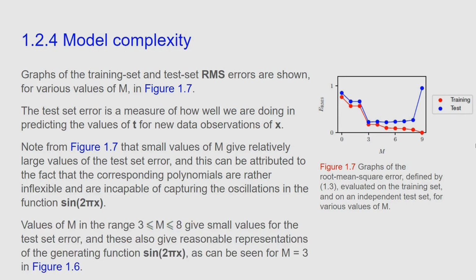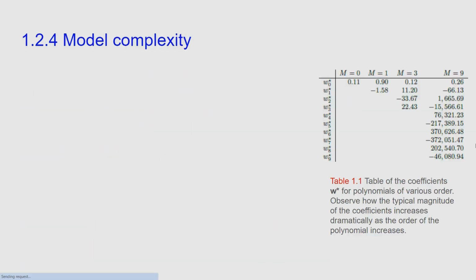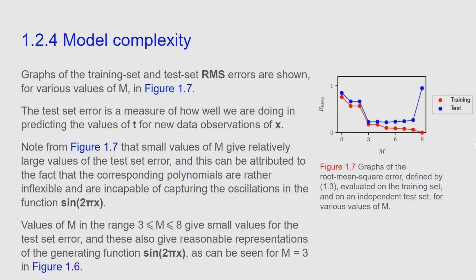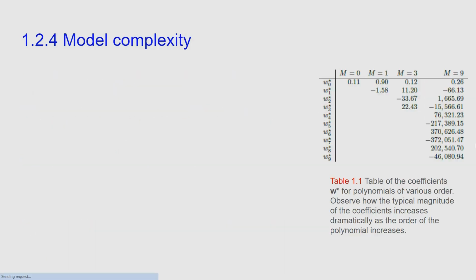Values of M in the range 3 ≤ M ≤ 8 give small values for the test set error, and these also give reasonable representations of the generating function sin(2πx), as can be seen for M = 3 in Figure 1.6.